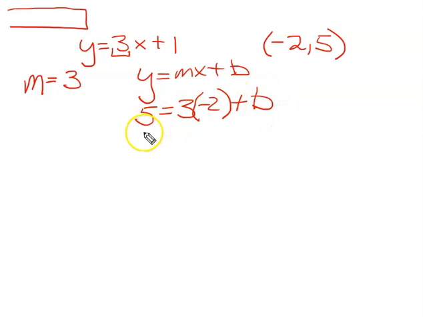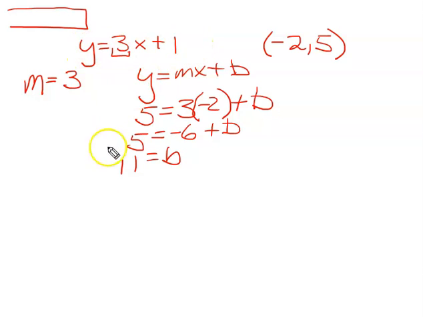Well, there's no fraction, so we just go 5 equals 3 times negative 2 is negative 6 plus b. Transpose the negative 6 to the other side, becomes a positive 6, so this becomes 11 equals b.